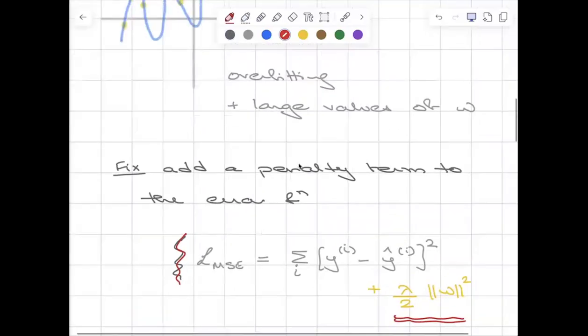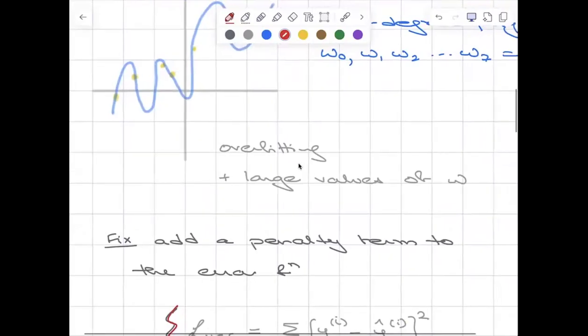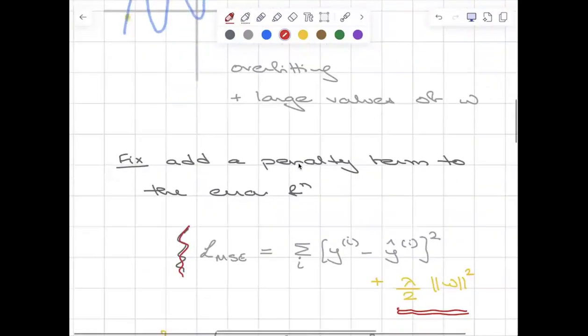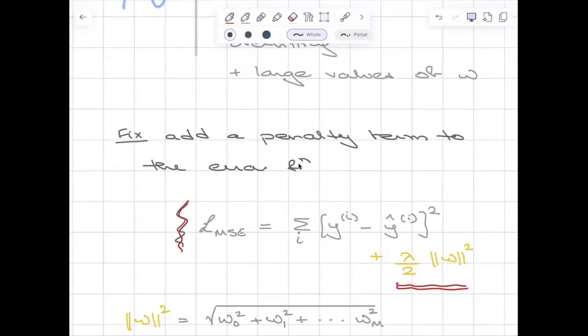W squared means W0 squared plus W1 squared plus W2 squared all the way to W7 squared. So now this becomes my new objective function, which we'll see how to solve for. But what is lambda going to be?